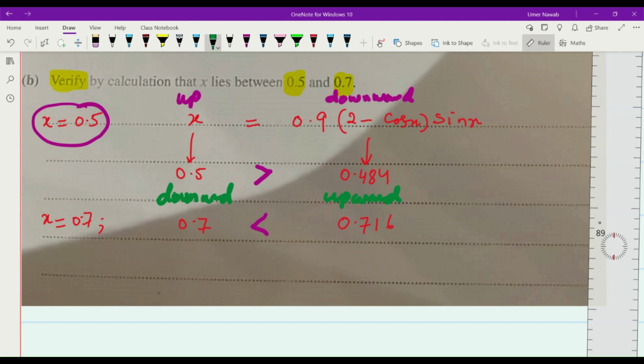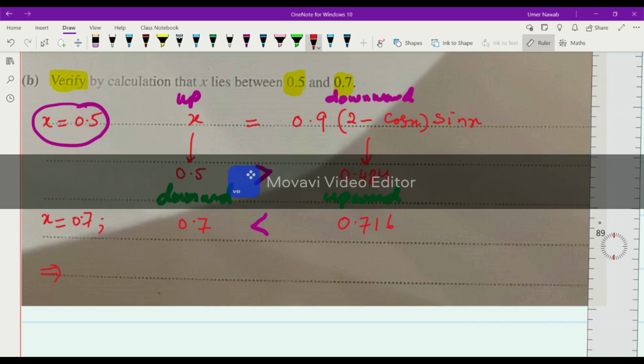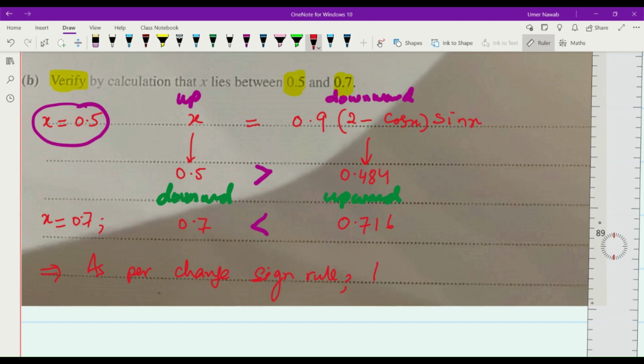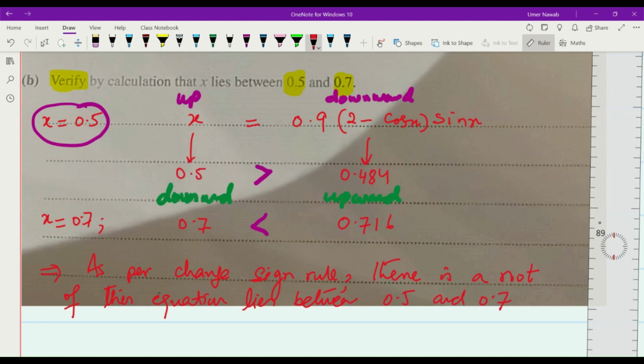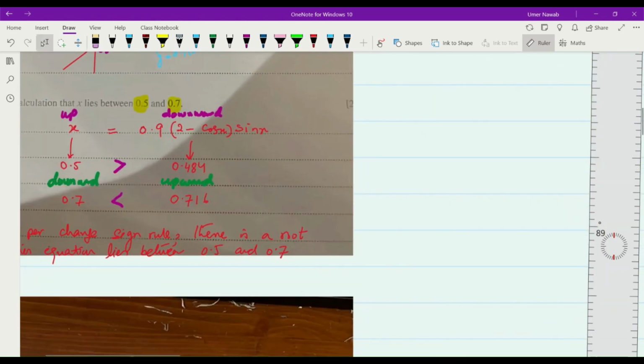When this happens, it is for sure, as per the change of sign rule, there is a root of this equation that lies between 0.5 and 0.7.